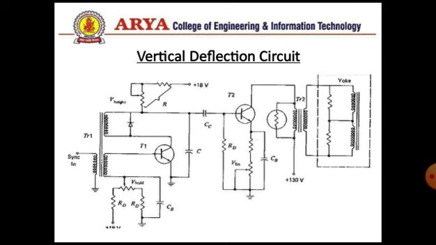All the components are arranged in the vertical deflection circuit very well, and the ground is also very good, and there is a control circuit which will hold the signal deflection values, that is, how much signal is being deflected vertically. So this type of circuit is used for vertical deflection of the wave.